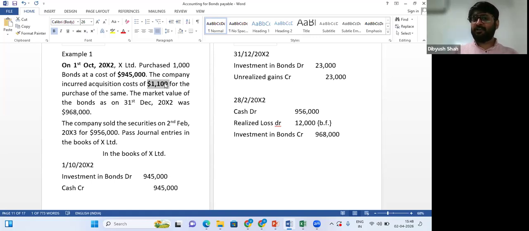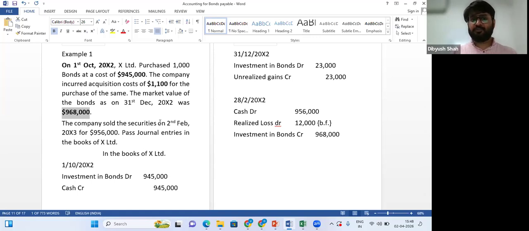The market value of the bonds as on 31st of December 2002, balance sheet date, unless told otherwise, we generally assume year end is the balance sheet date, was $968,000. Value has gone up 23,000.